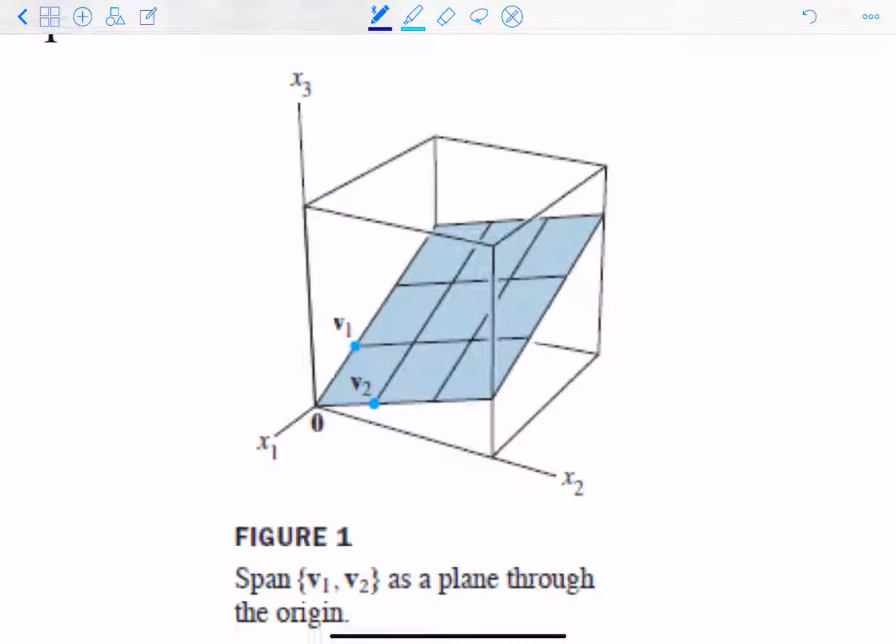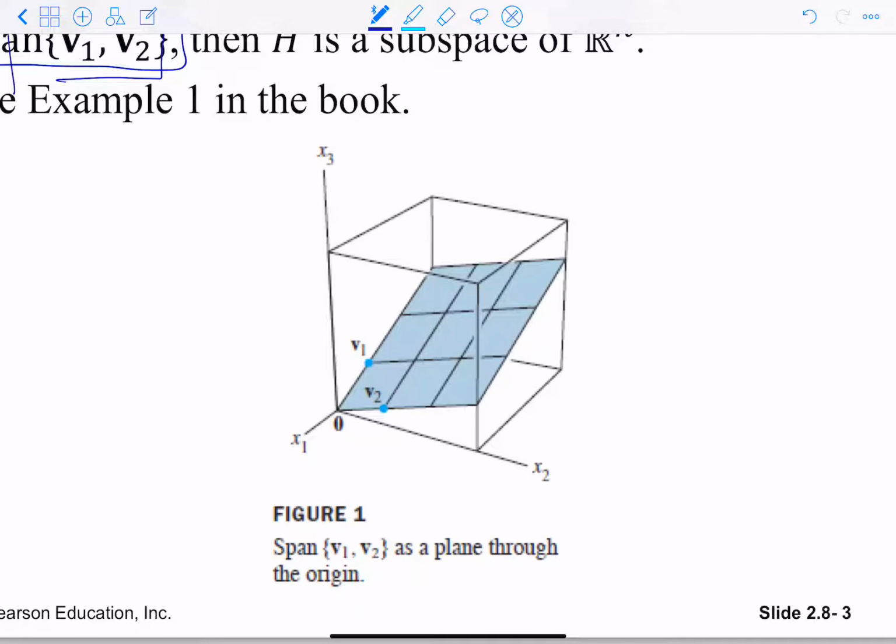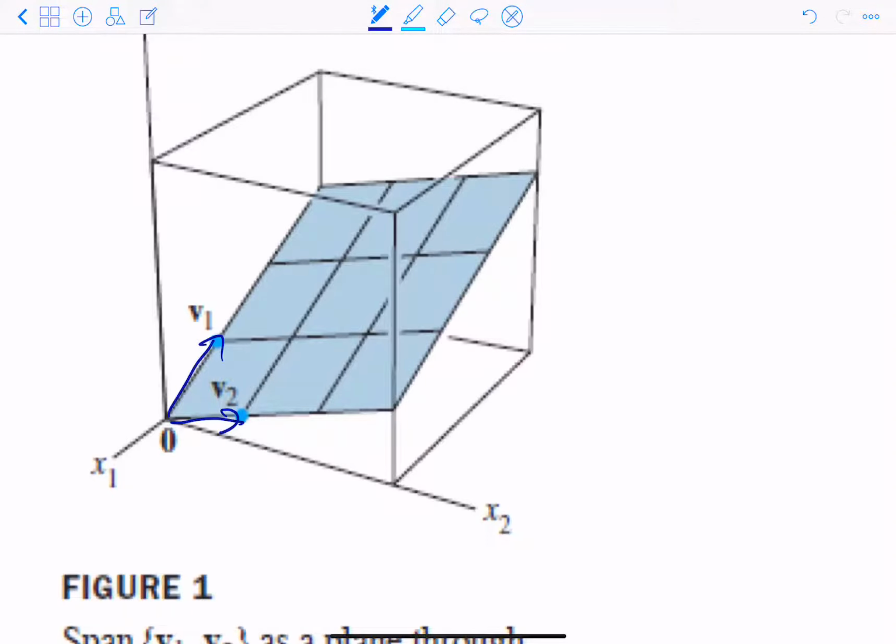For example, consider the span of these two vectors v1 and v2. The collection of all possible linear combinations is the definition of this span. In this case, the plane that we see over here corresponds to the span of v1 and v2. Let's consider whether this span is closed under linear combinations.